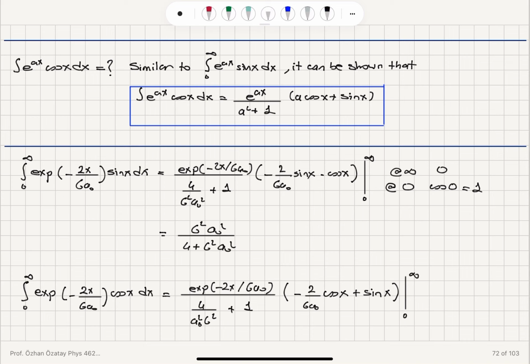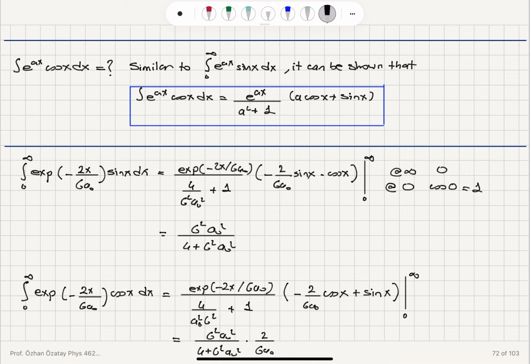At infinity, we're going to get 0. At 0, this will disappear. This will become 1. We will have cosine 0, but we will have this minus sign becoming plus. So we will obtain g square a0 square divided by 4 plus g square a0 square, and then we will have 2 over ga0.